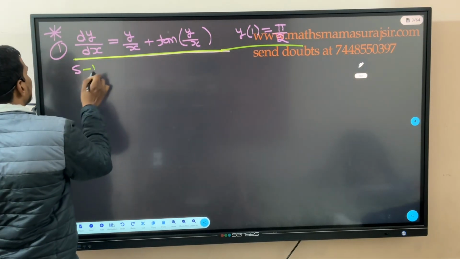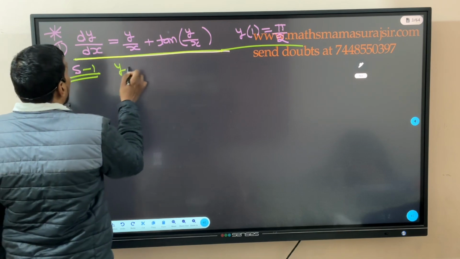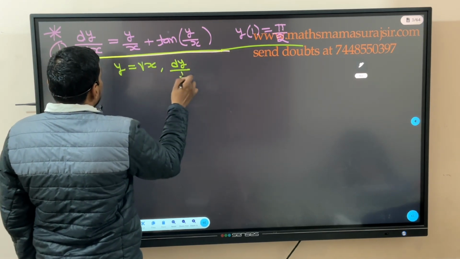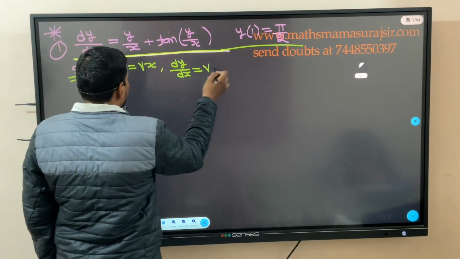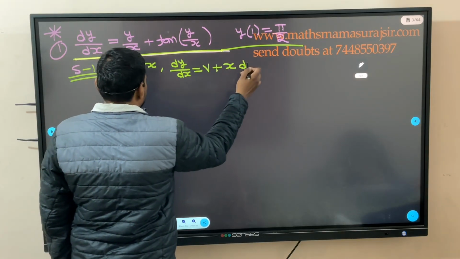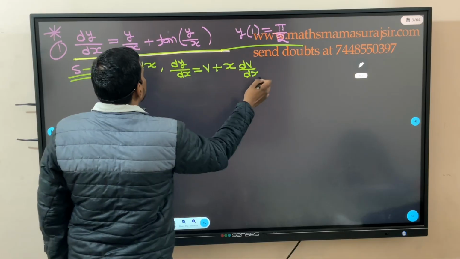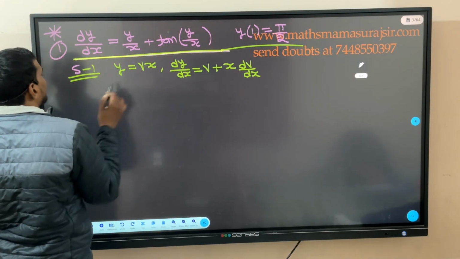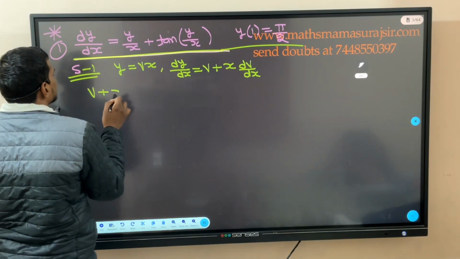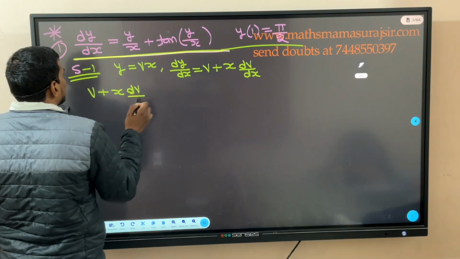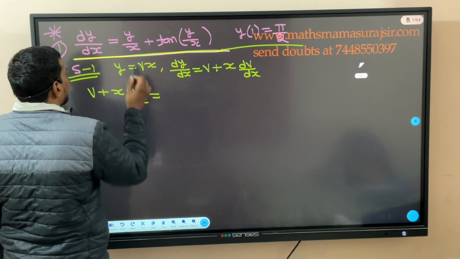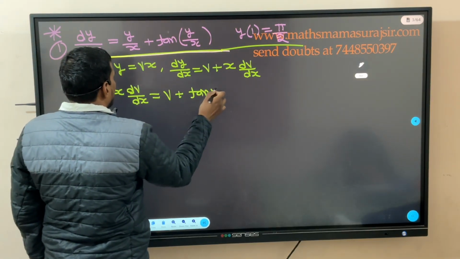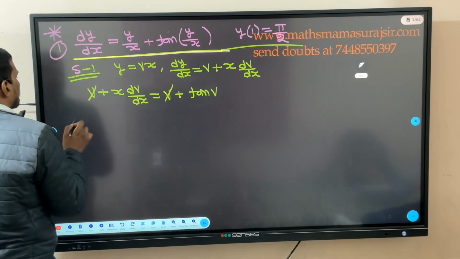Step number 1 is y equal to vx, and then dy by dx is v plus x dv by dx. Step 1 is over. Substitute it here. So dy by dx we write as v plus x dv by dx, y by x is v, and plus tan of v. The v is gone.